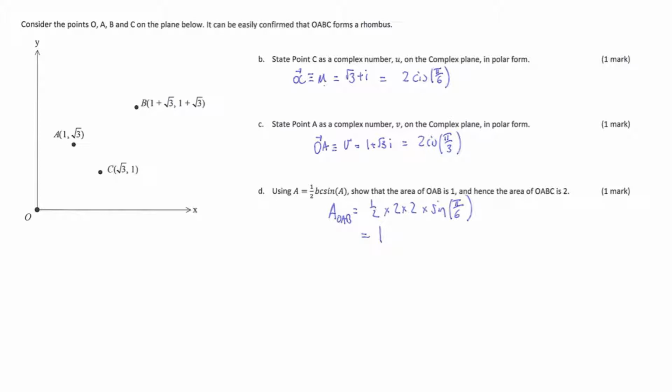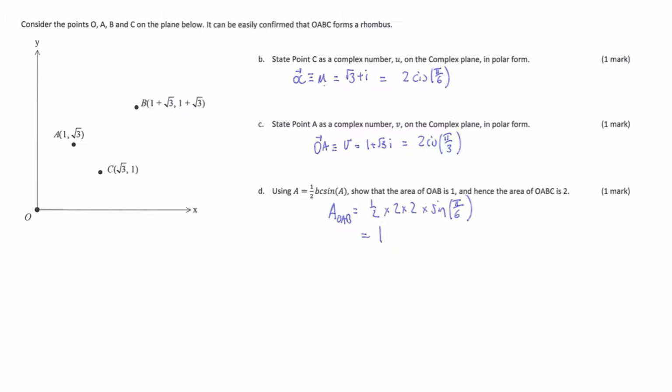All right, so this question started fairly gently. So again, it's all about the rhombus. So this time we get a rhombus formed when we link OA, AB, BC, and CO together via line segments. You can easily confirm the side length in each case is equal to 2.